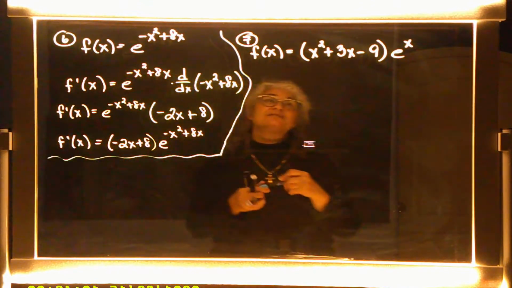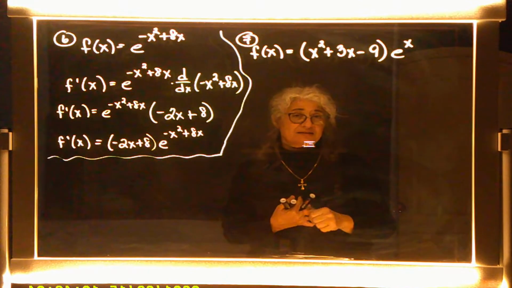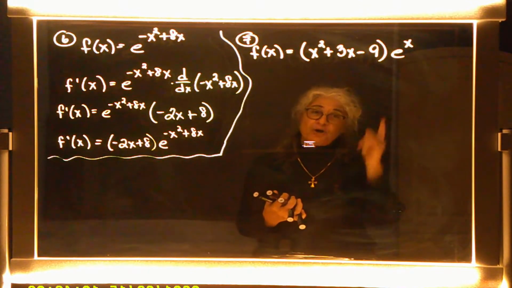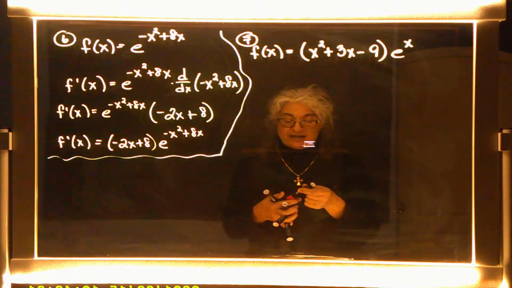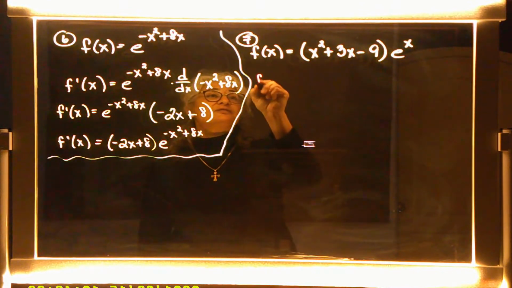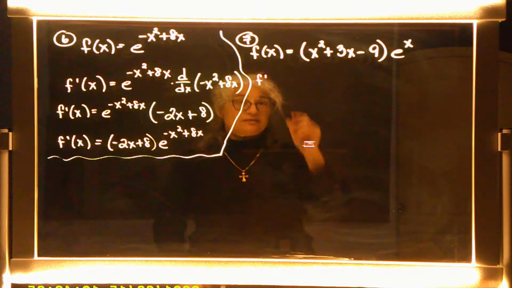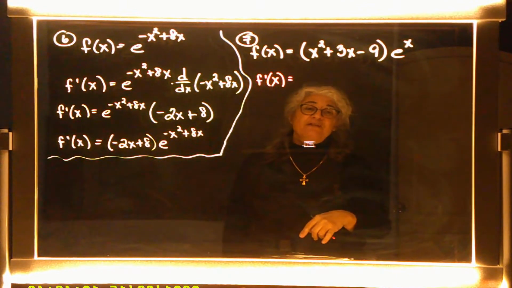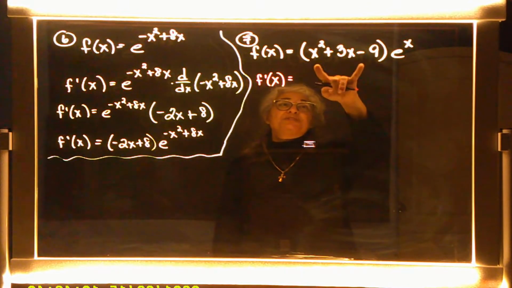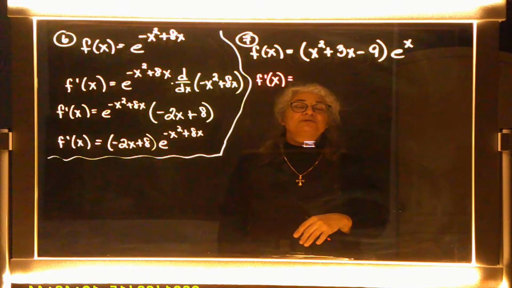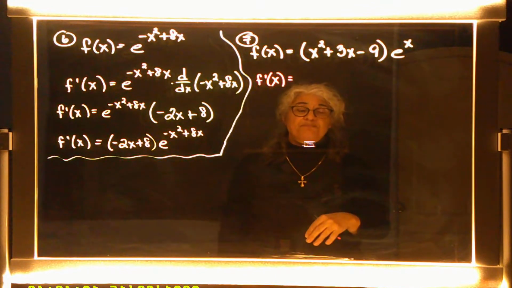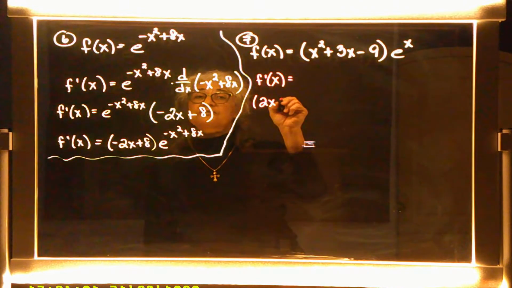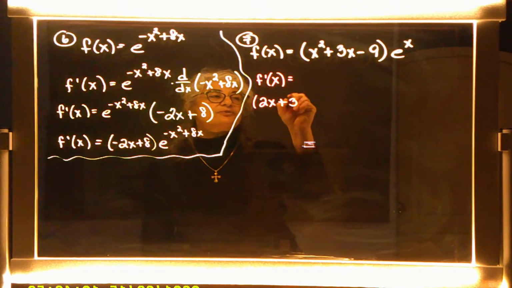Number 7 looks like another product, doesn't it? All right, so let's get our product hat on, so to speak. And I've got to take the derivative of this function. So, what do I take the derivative of first? Yeah, what's in parentheses. So what's the derivative of what's in parentheses? 2x plus 3.